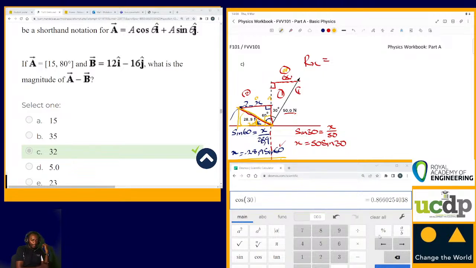The angle K that I've put there is the angle, or if I am to redraw, this is what we have, right? If I am to redraw, this is what we have.